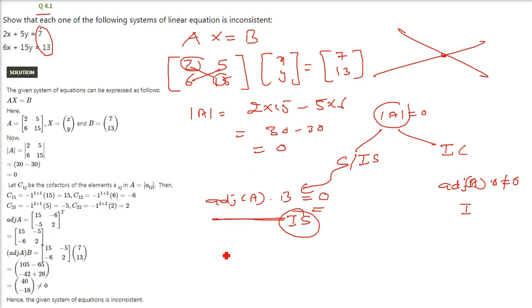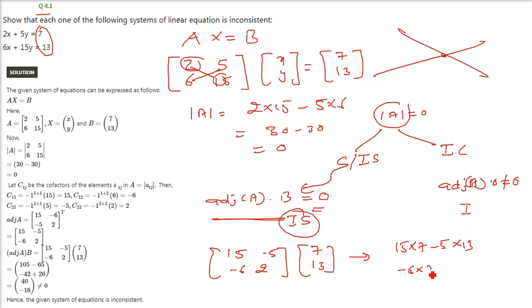What is the adjoint? Let us find it. I'm exchanging 2 and 15 and changing the sign of 5 and 6. So this is your adjoint. And we have to multiply it by B, which is 7 and 13 in this case. So 15 into 7 is 105, minus 5 into 13, which is 65. Then minus 6 into 7 and then 2 into 13.